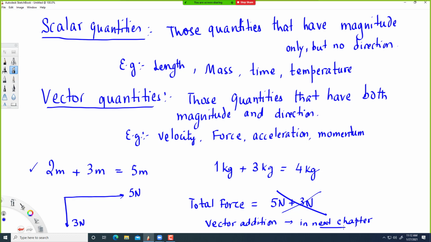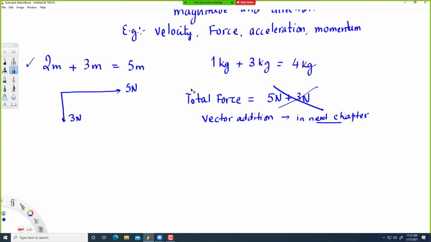Okay, so now we'll talk more about kinematics here. Kinematics is the study of motion. So this chapter is all about kinematics. That is, we are studying motion.